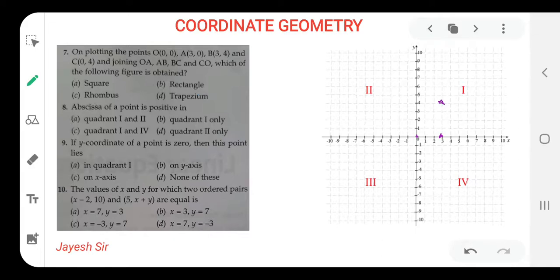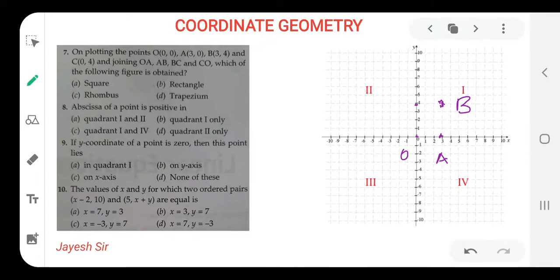This point was O, this point was A, this point is B. And C, 0 comma 4, that means on the x-axis it is 0 and on the y-axis it is 4, somewhere over here.